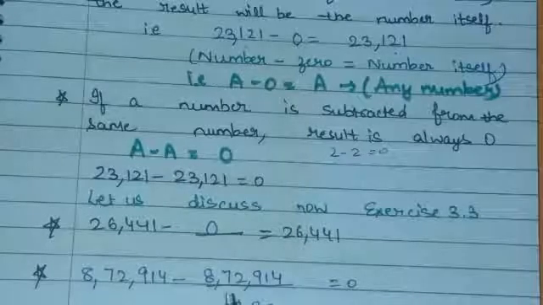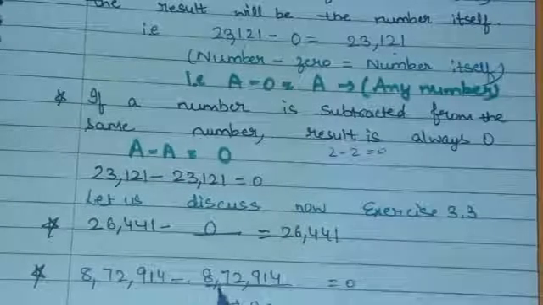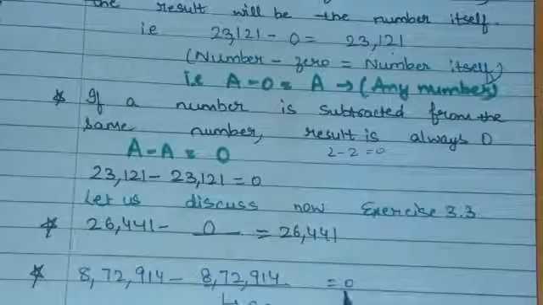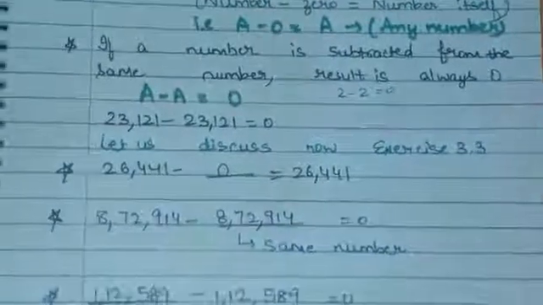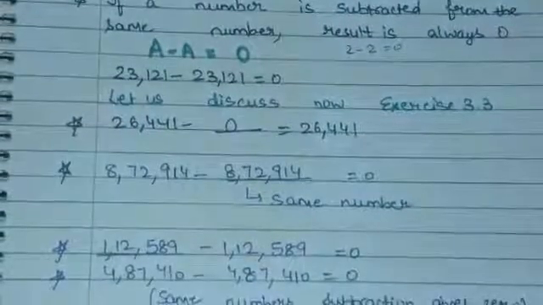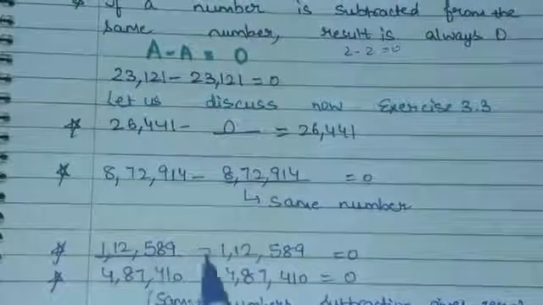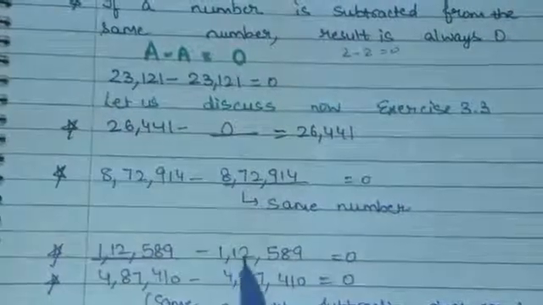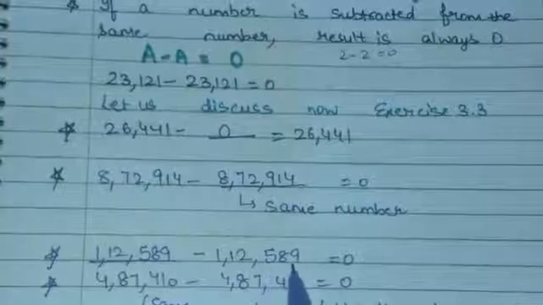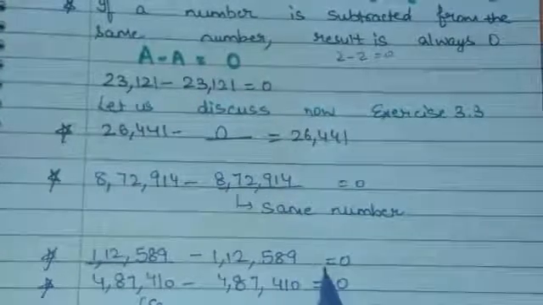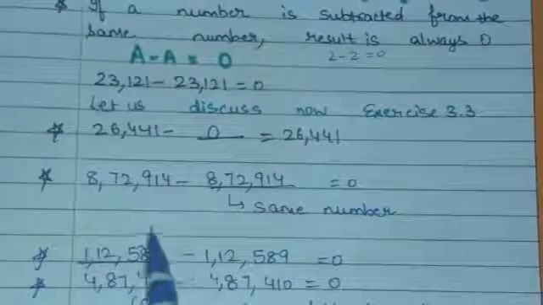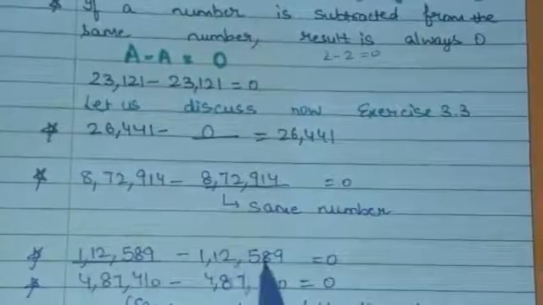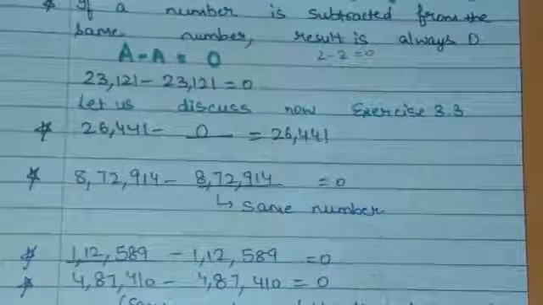So it is very clear the same number subtraction gives us 0. Clear? Now next one is blank minus 1,12,589 gives you 0. So here also the same number subtraction gives you 0.